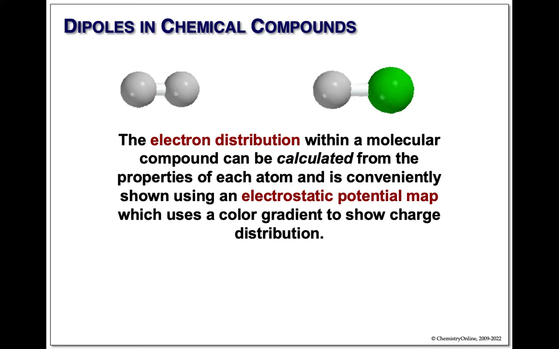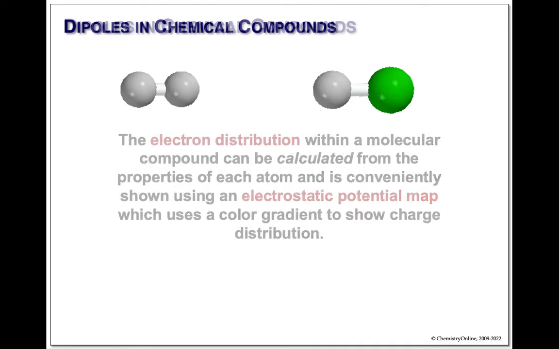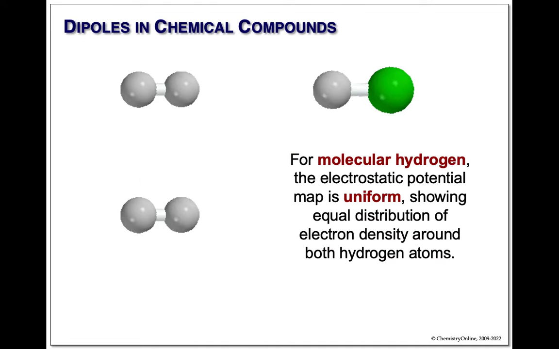Now, an electrostatic potential map, you can describe it as showing electron distribution. That's not really exactly what it is, but that's close enough. Let's start with hydrogen. For hydrogen, the way we calculate the electrostatic potential map is we tell our computer we have these 2 hydrogen atoms so far apart.